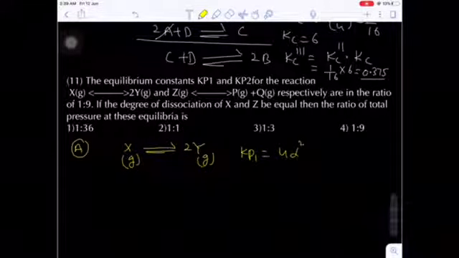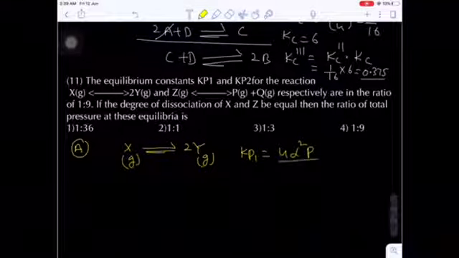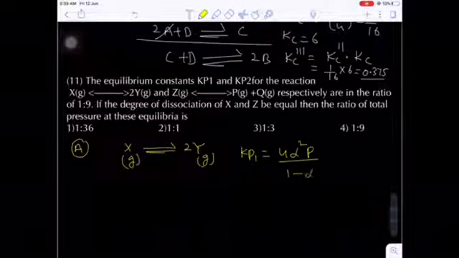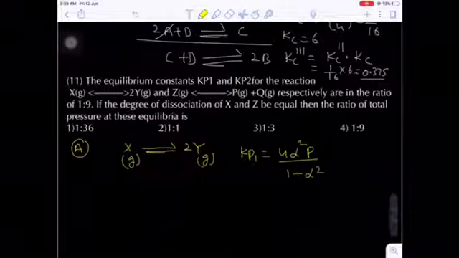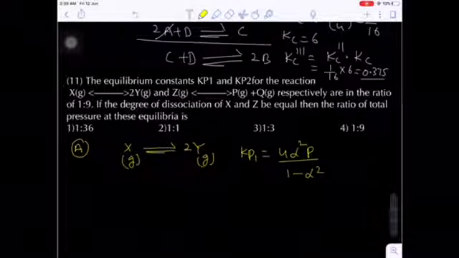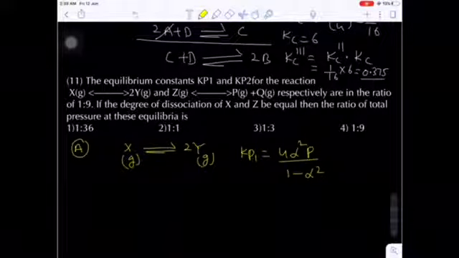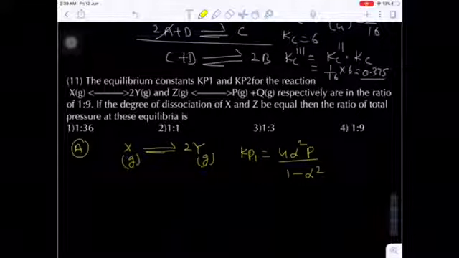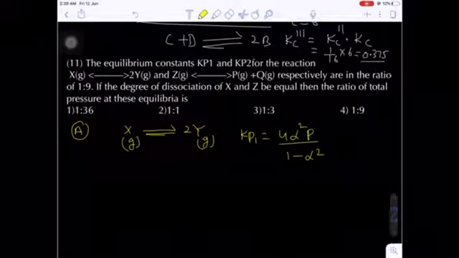Kp1 expression is equal to 4 alpha square P by 1 minus alpha square. We are directly using this expression. We know how to calculate the Kp expression from the previous videos. If you have any doubt, see the previous videos where I derived the Kp expression. A gives 2B, a 1:2 gaseous system, like N2O4 gives 2NO2.